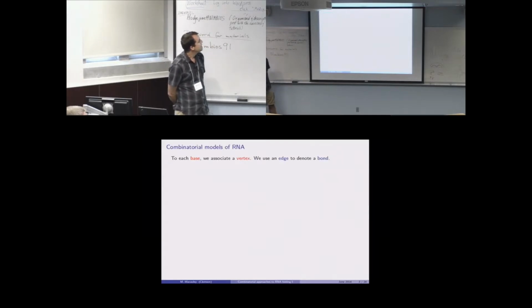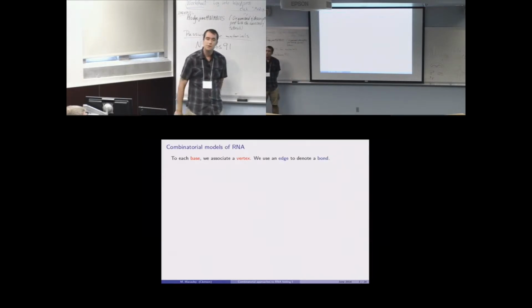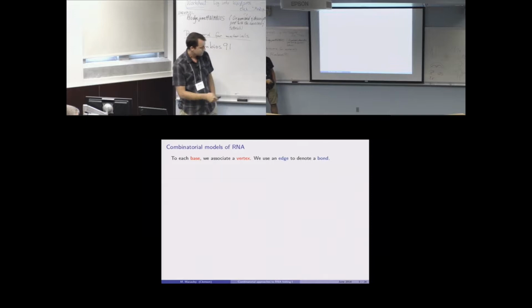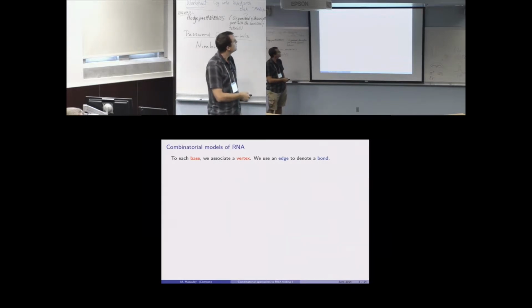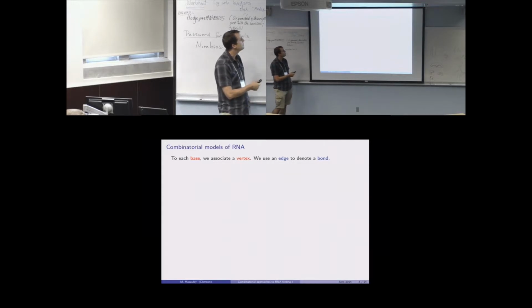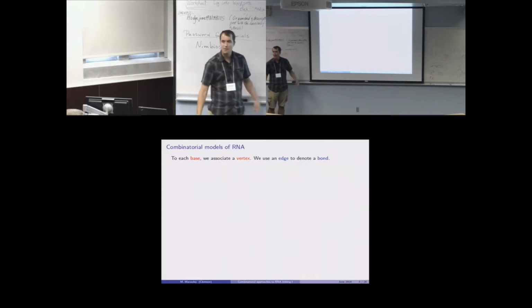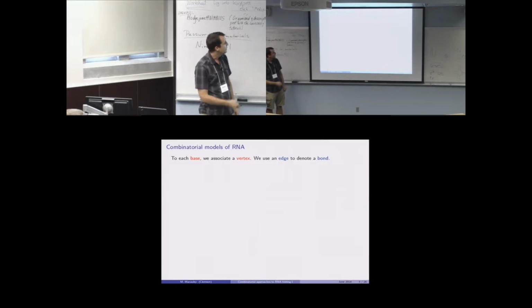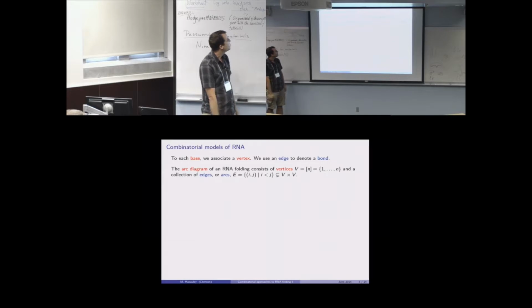OK, so to each base, so the base pair is like A and U, a base is a single nucleotide. We associate a vertex. I don't like the word nucleotide because it's too many syllables, so I will say base or vertex. For each base pair, there'll be an edge, and that denotes a bond, a chemical bond.